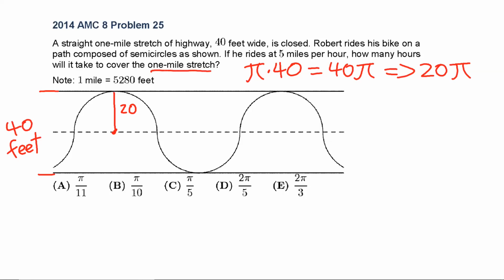So they tell you that 1 mile is 5280 feet. So each of these semicircles takes up 40 feet. So what's 5280 divided by 40?